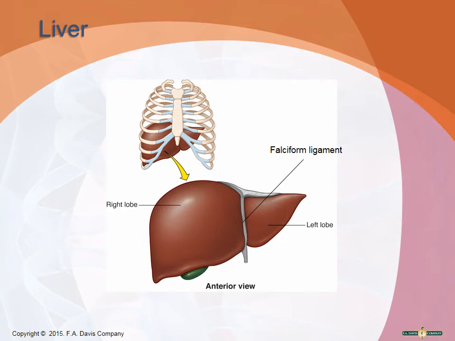A big contributing factor for peptic ulcers is H. pylori, a bacteria. The bacteria will trigger an irritation of the lining of the stomach or the duodenum, so it's an inflammatory response.